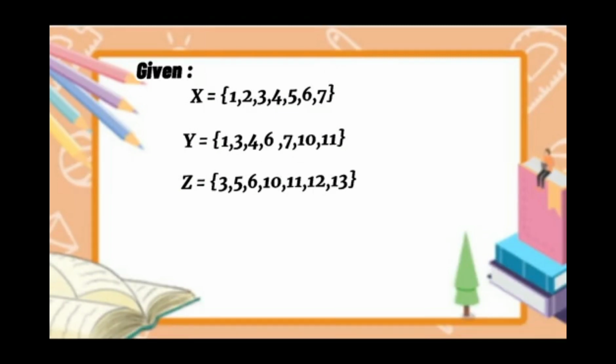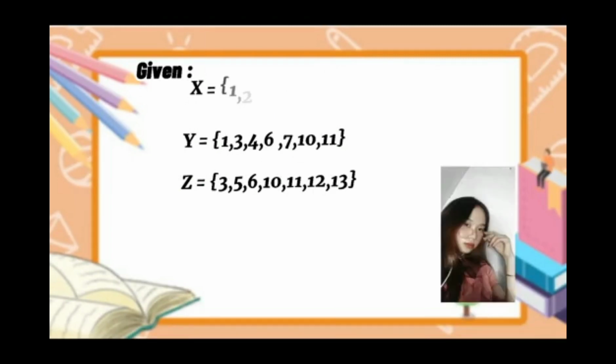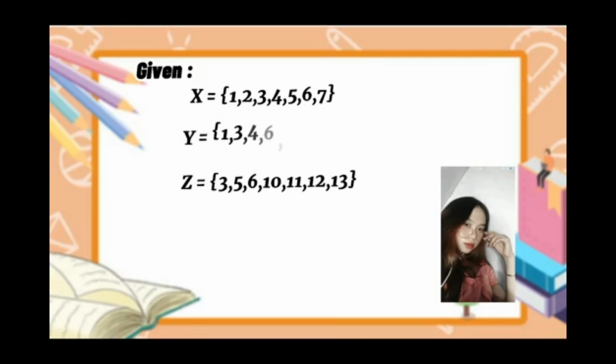The elements of X are 1, 2, 3, 4, 5, 6, and 7. The elements of Y are 1, 3, 4, 6, 7, 10, 11. The elements of Z are 3, 5, 6, 10, 11, 12, and 13.